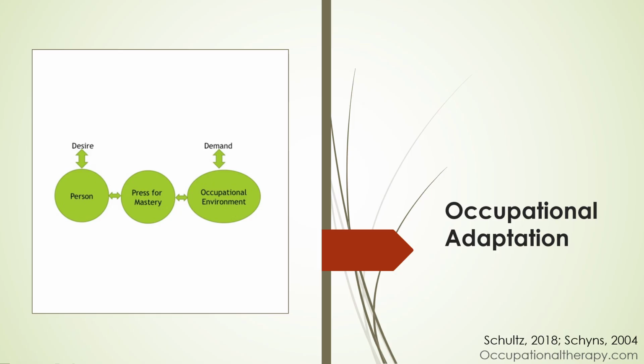This model is appropriate because this theory is all about helping the clients make adaptations to enhance participation in meaningful occupations and activities. The occupational adaptation theory is relevant to new OT leaders because being a new leader is very challenging, especially if you don't have too much experience being an occupational therapist to begin with.